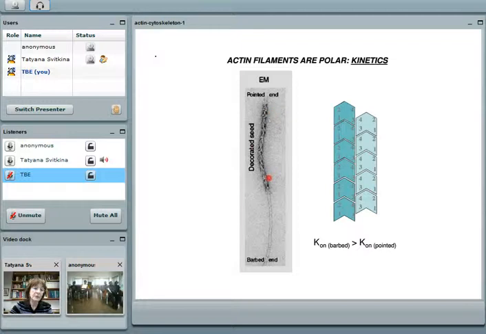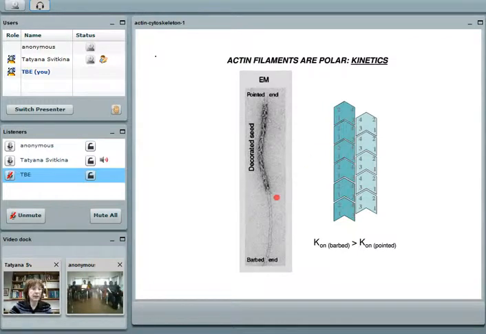So now if you use this actin filament as a pre-existing filament and add monomers, and look at these filaments after some defined period of time, it turned out that the segment which elongated after addition of monomers at the barbed end is much longer than this short fragment which polymerized at the pointed end.